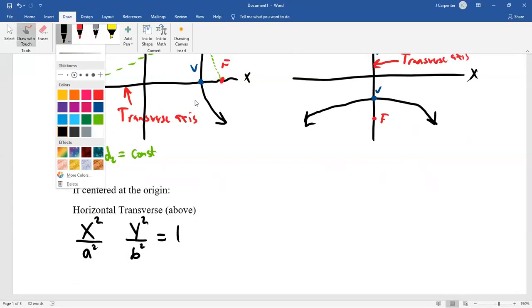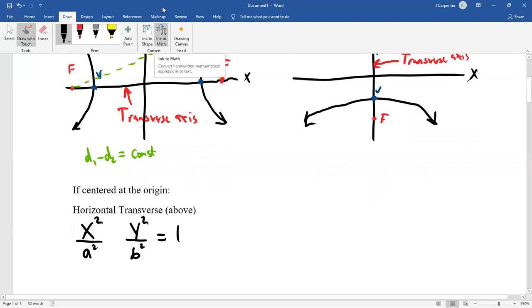Now it's a difference, so there's a minus in the formula instead. So this is the equation of a hyperbola that opens horizontally. The transverse axis is horizontal. And then a and b would have some type of relation, probably to maybe the vertices. Maybe not. Let's keep working with this.